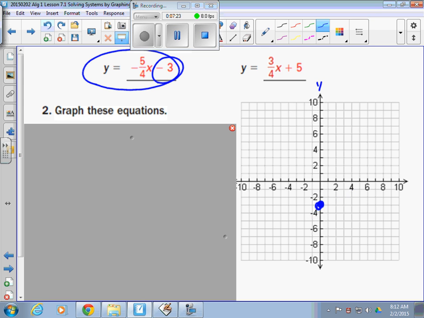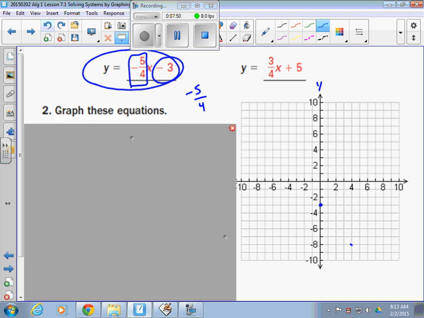Try to make it through the exact spot. We know based on our slope, we're going to go down 5 and to the right 4. So from that point, we're going down 1, 2, 3, 4, 5, and to the right 1, 2, 3, 4. There's our second point.